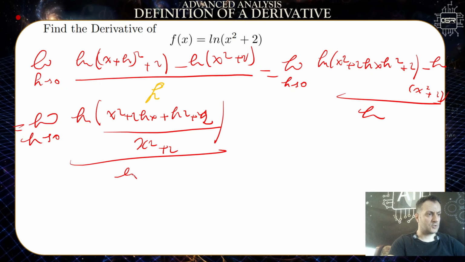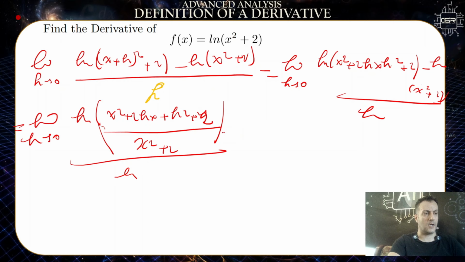Divided by h, so, okay. Now, what can we do here? We have 1 over h, ln of ((x plus h) squared plus 2) over (x squared plus 2).